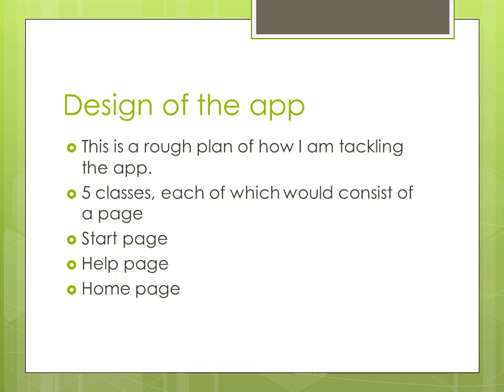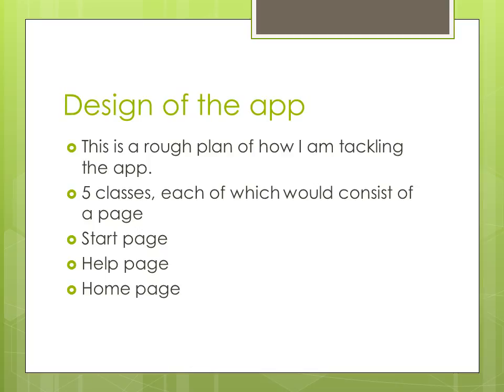And we'll come to the last part, the design of the app. This is the rough plan of how I'm tackling the app. The main purpose of the app is for visually impaired people, so we have to keep in mind that this has to be kept as simple as possible and not complicated at all.